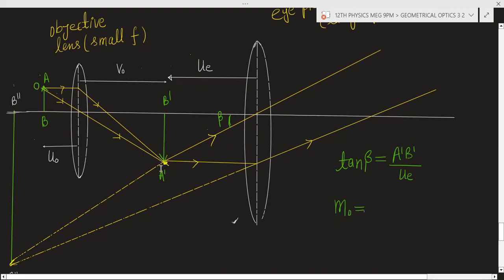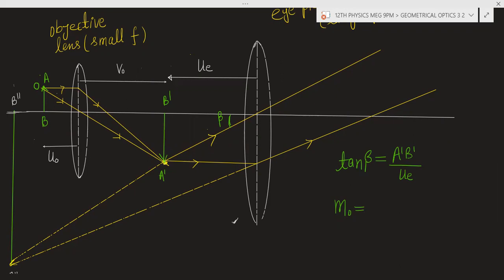So height of the image means A dash B dash, and it will be taken as negative because this is below the principal axis. So it will be minus A dash B dash divided by AB. And this magnification is equal to image distance divided by the object distance.